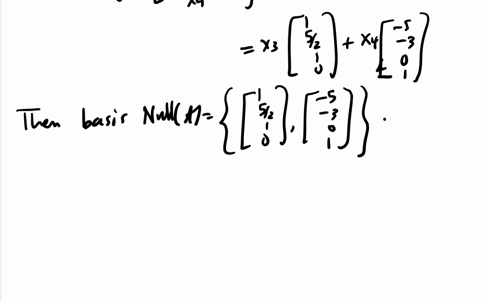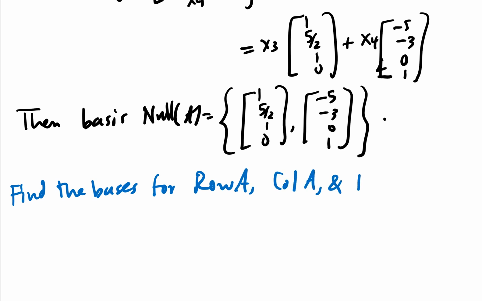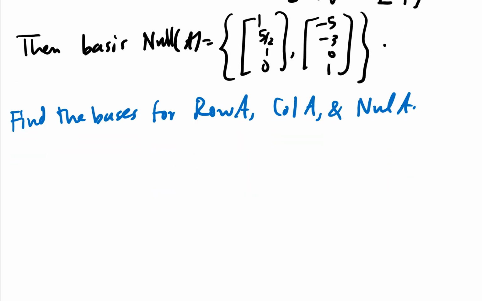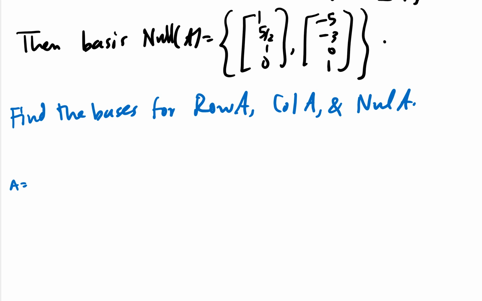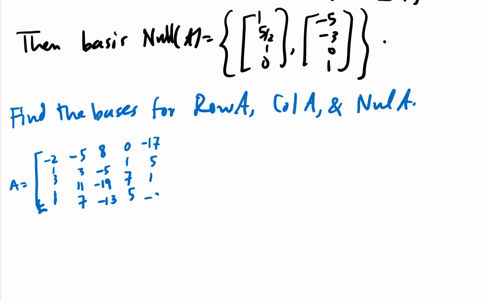To practice more on this, I'm going to ask you to find the bases for the row space of A, column space of A, and null space of A. Let's say A is given as -2, 1, 3, 1; -5, 3, 11, 7; 8, -5, -19, -13; 0, 1, 7, 5; -17, 5, 1, -3.